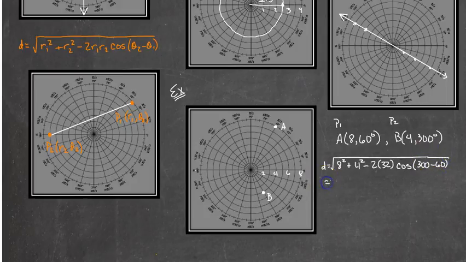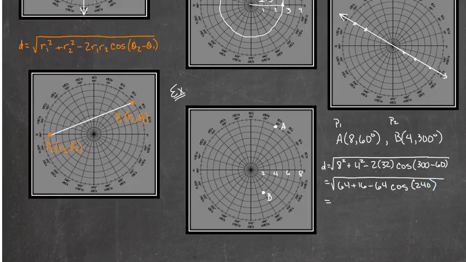Let's chunk this down a little bit. Square root of 64 plus 16 minus 64 times the cosine of 300 take away 60, which is 240.